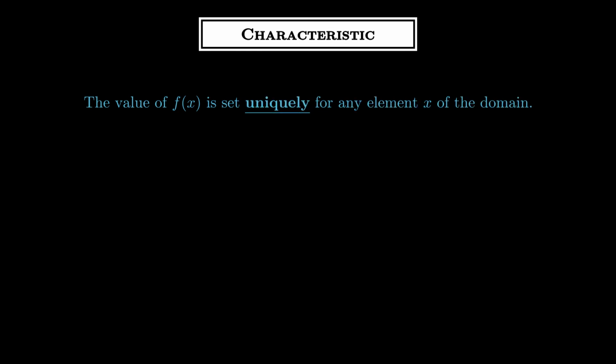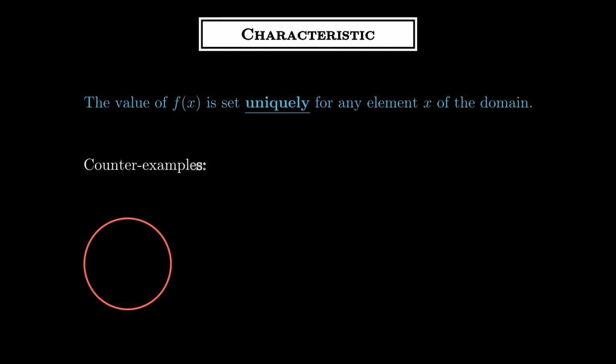Okay, the important characteristic of a function is the following. The value of f of x is set only for any element x of the domain. So what does it mean? It means that if I give you a value of x for your function, you give me one and only one value for f of x.